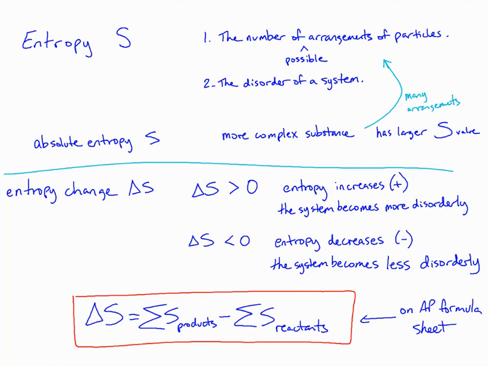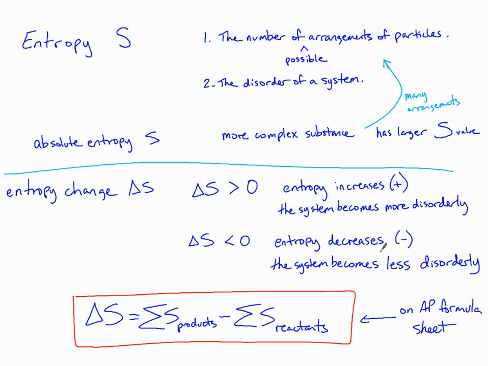So imagine that you're in a room. If you start cleaning the room and picking things up off the floor, putting books back on the shelf, putting clothes in the laundry basket, the system is becoming less disorderly. If you're tidying up a room, basically the entropy is decreasing.